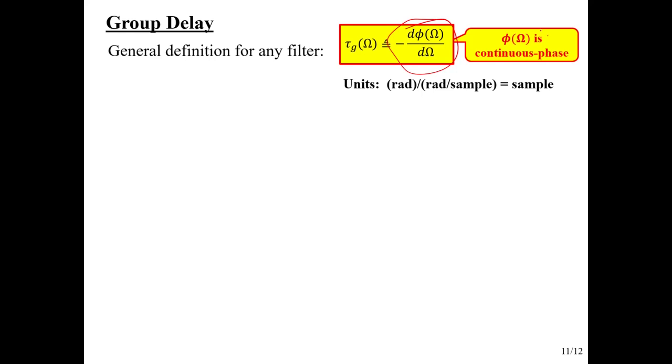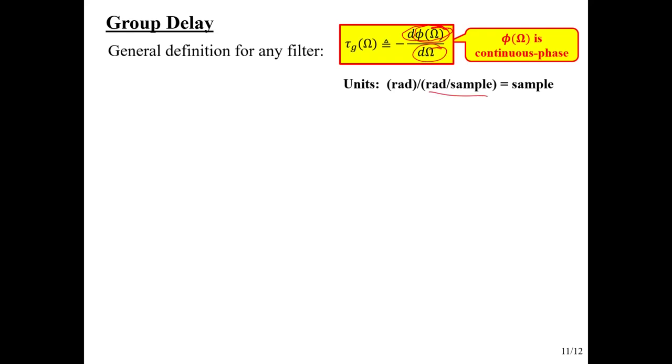But here's the key. Both of these, phase delay and group delay, are defined in terms of the continuous phase representation. So you need to figure that out first. Fortunately, there's a MATLAB command that does both of these for you. And again, the units, just as before: d phi is in radians and d omega is in radians per sample.